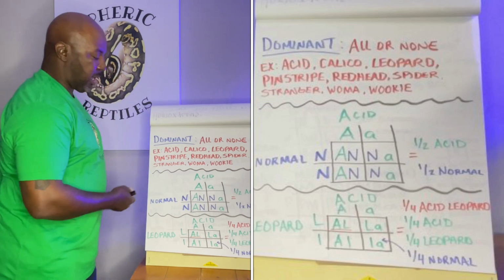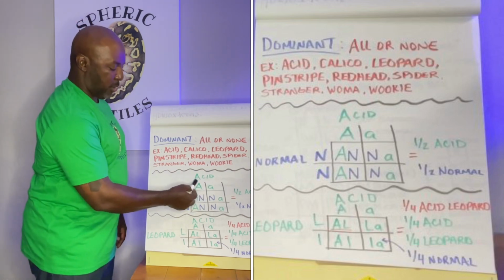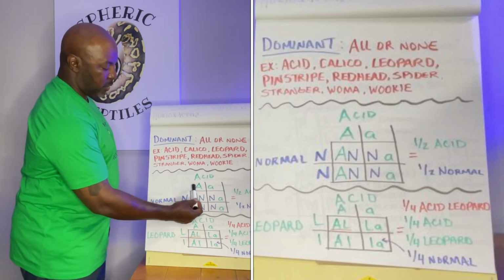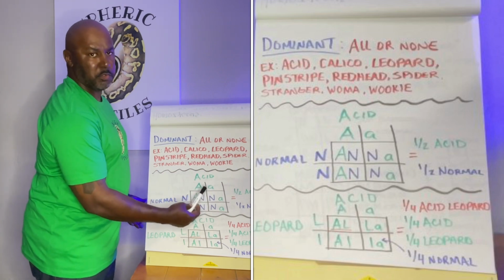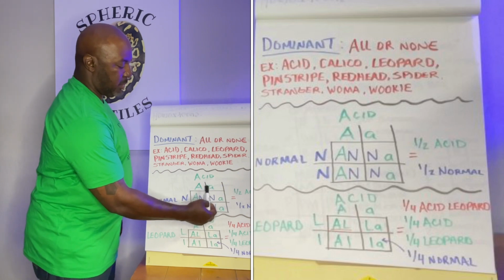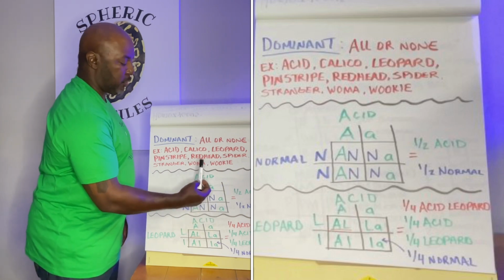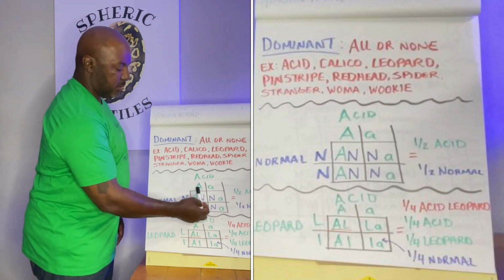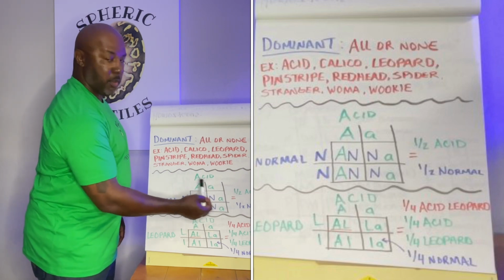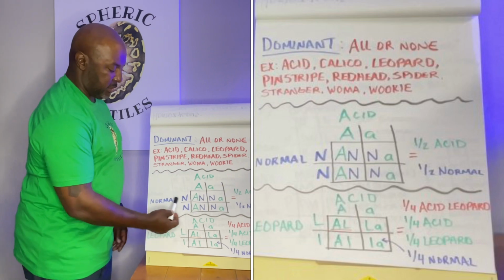In the case that I have now, if you have an acid ball python mixed with a normal, you've got a big A, but this is actually normal, so the big A's always represent normal. And you've got an acid and a normal. Let's say big A, small a. This is the acid gene and that's the normal.